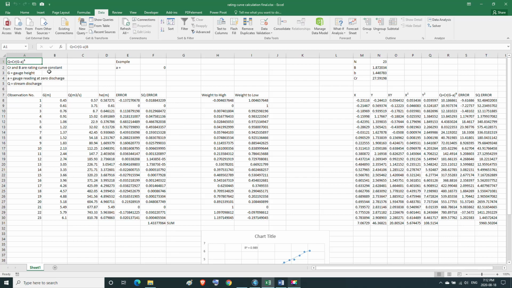One of the two values is at low discharge value and the other value is at high discharge value.